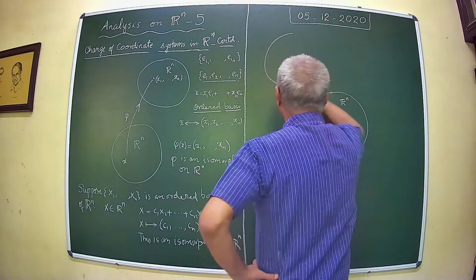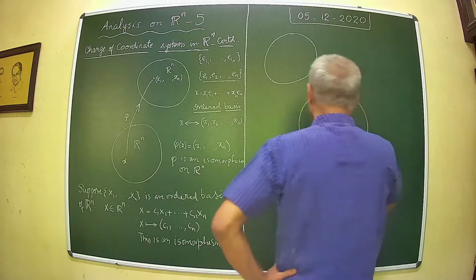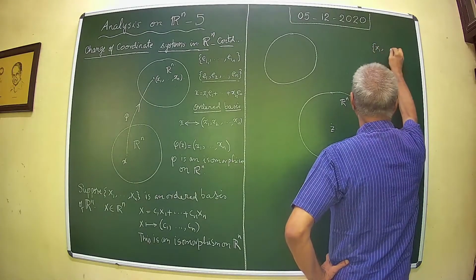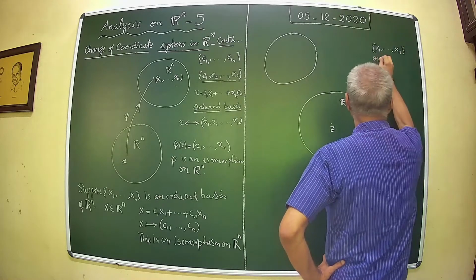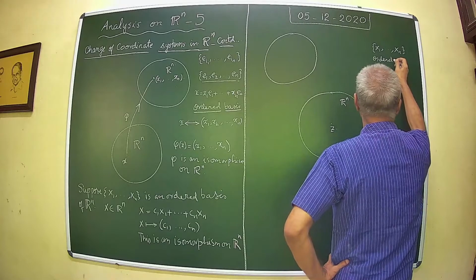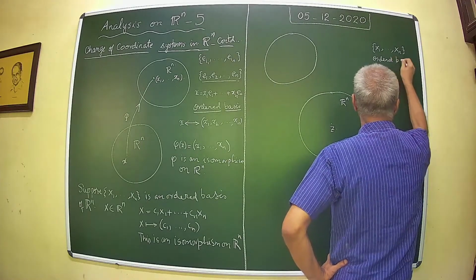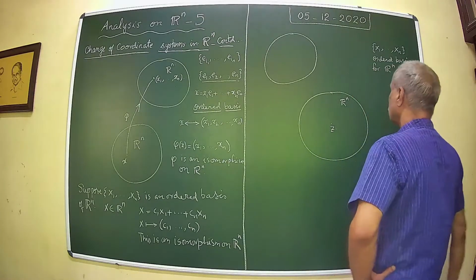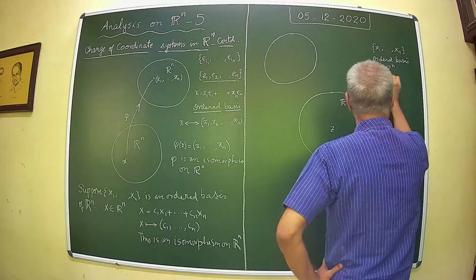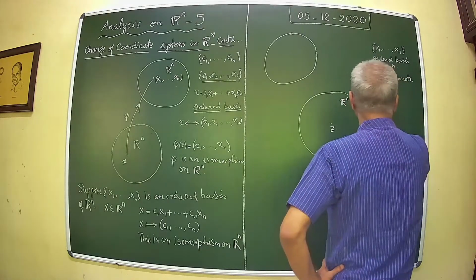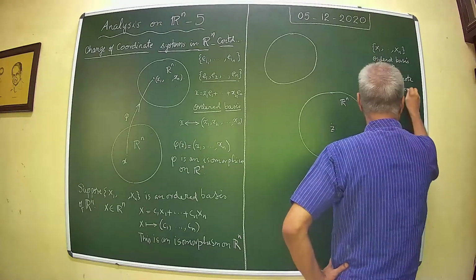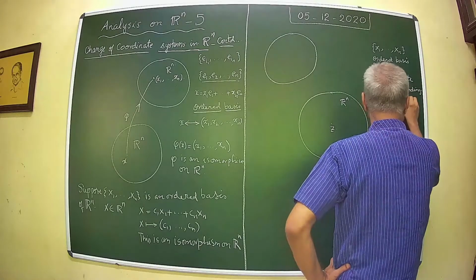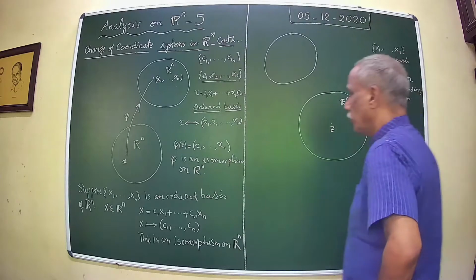Now I choose an ordered basis x1, x2, etc., xn, and let phi denote the corresponding isomorphism. So we are identifying the choice with this.